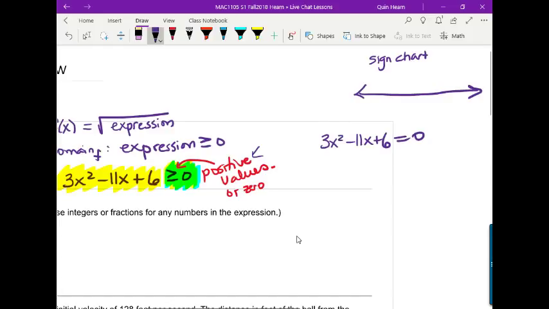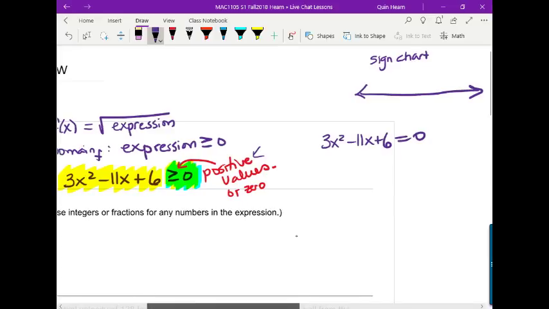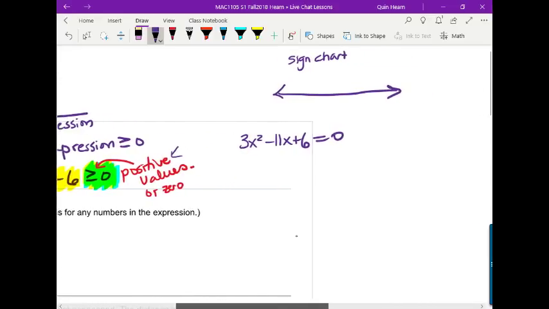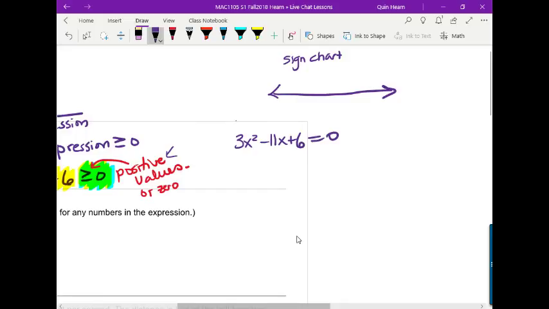So we can do this by factoring if it works, or we can use the quadratic formula. I'm going to guess that most people would look at this, and because the leading coefficient is not a 1, the factoring is not quite as easy. So maybe they would use the quadratic formula.